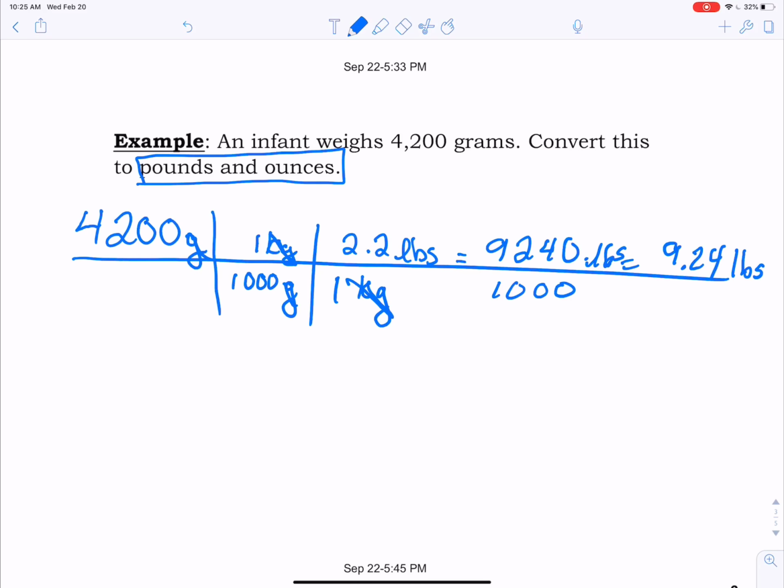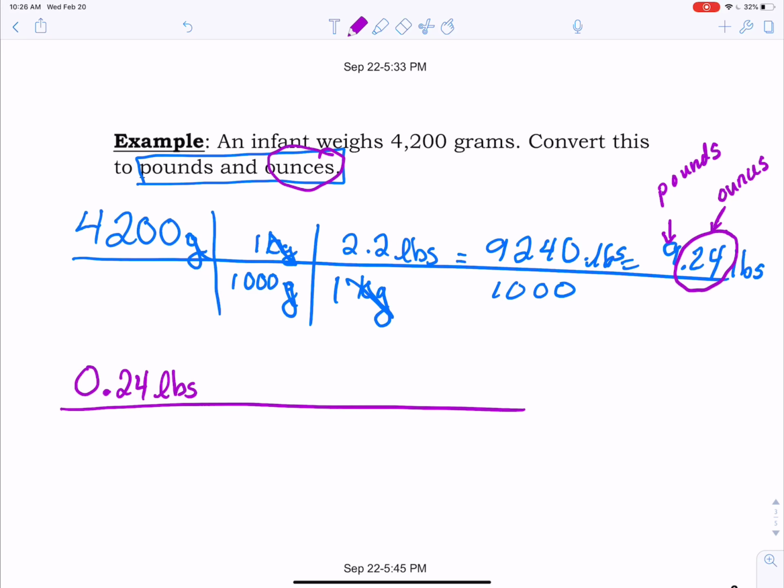The issue is they asked us for pounds and ounces. So the 9, this whole number part, is what's going to stay my pounds. That 0.24, the leftover part, is what I'm going to use to find my ounces. So I'm going to treat that 0.24 pounds as a new dimensional analysis problem and convert it to ounces.